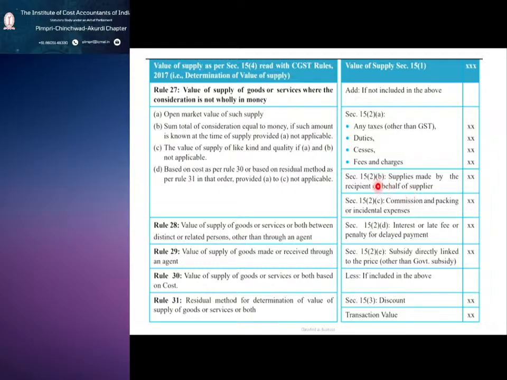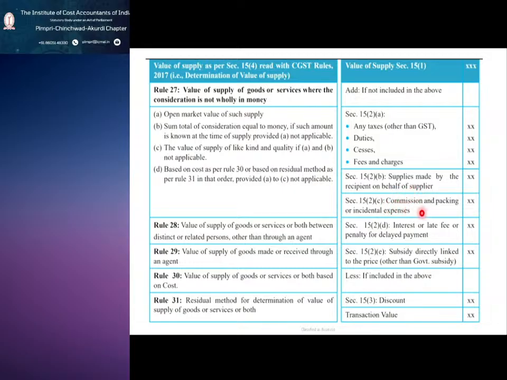Subsection 2 has paras A, B, C, D and E. A is any taxes apart from GST, any duties, cess, fees and charges. And B is supplies made by the recipient on behalf of the supplier.